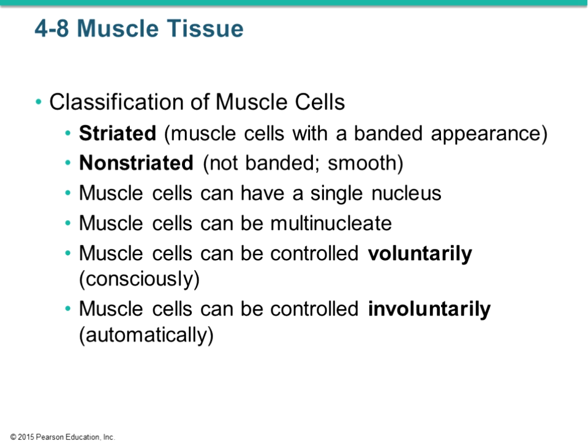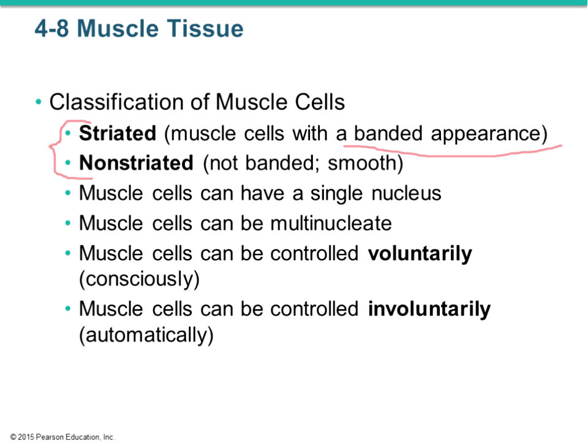Now, there's a way you can classify and try to think about muscle tissue, and that is based, number one, on whether or not it is striated. Striated or non-striated. And striated means it has a banded or striped appearance because of how the proteins are organized in such a consistent fashion that they're banded and gives them that striped appearance. Skeletal and cardiac muscle are striated. Smooth muscle is not striated.